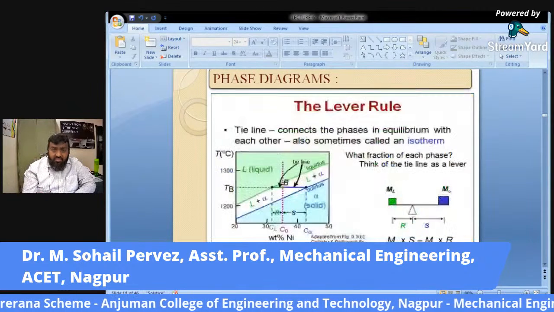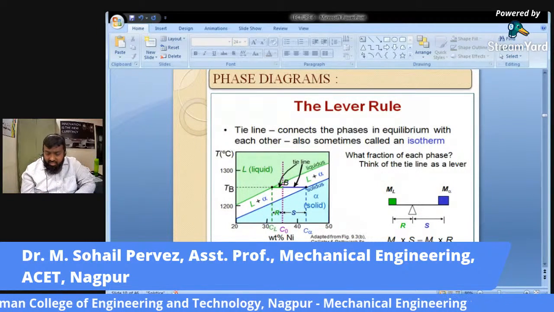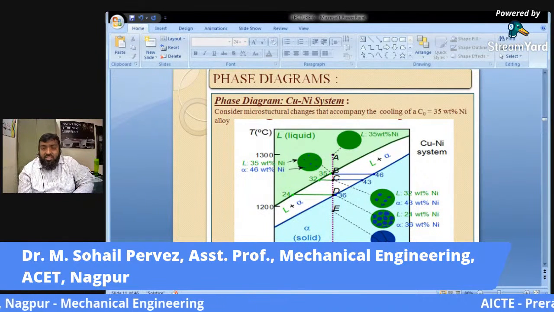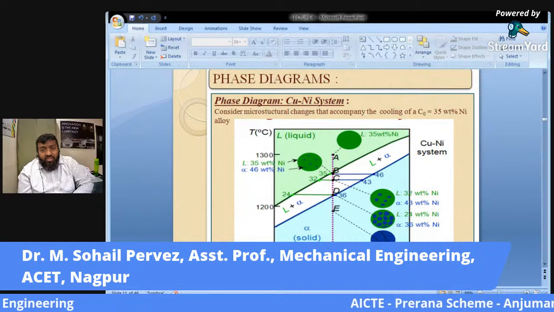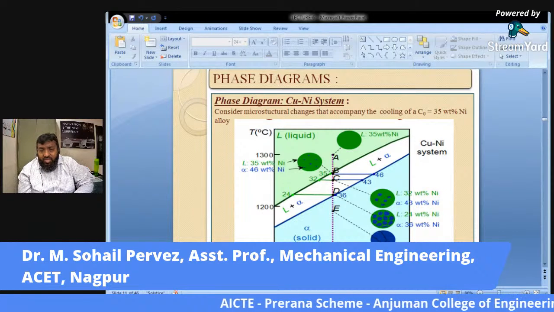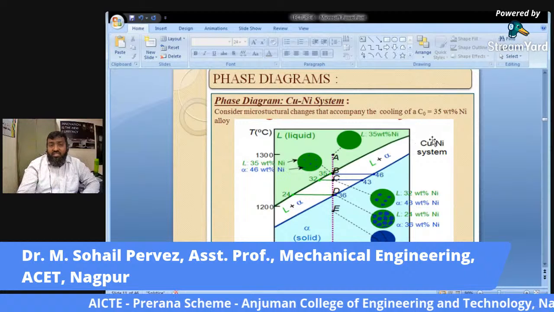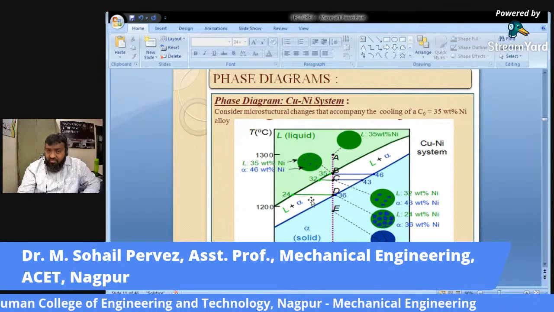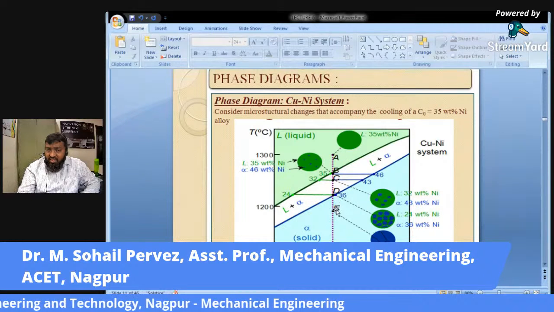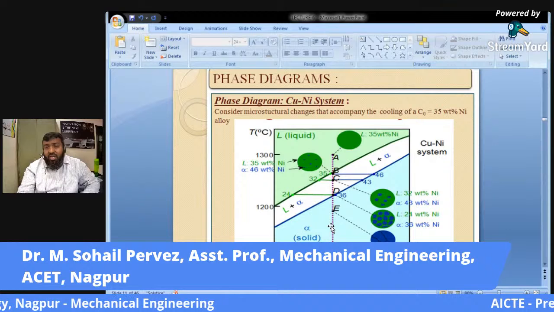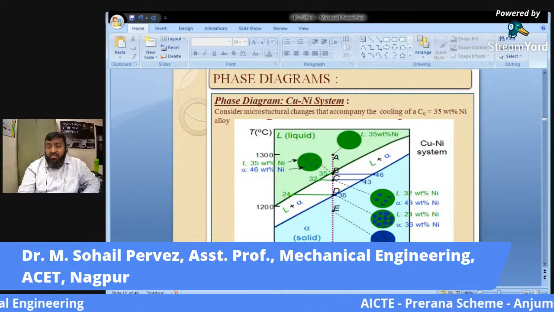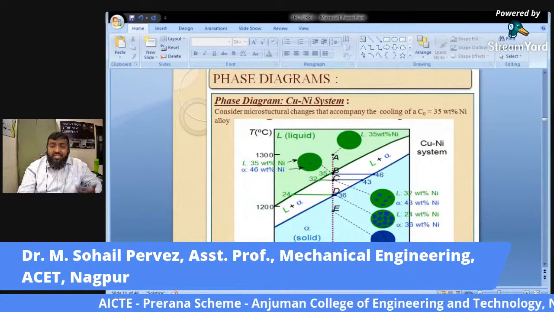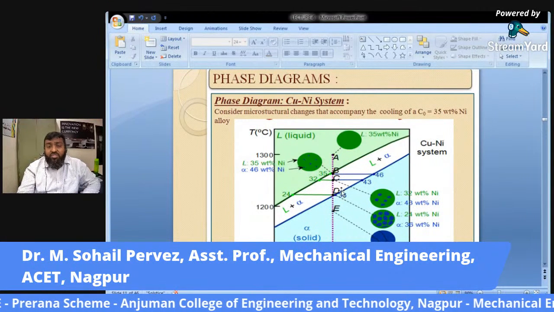Now we will consider, as I have told you, the binary system phase diagram for Cu and Ni. So here we have to see the phase diagram representing the CuNi system, wherein these points A, B, C, D, E will give us the reference percentage by weight of both the Ni and Cu in liquidus as well as solidus, as well as liquid plus solid phase.